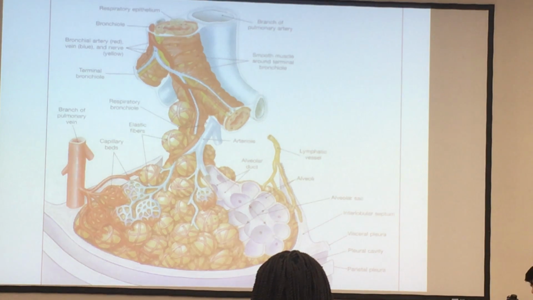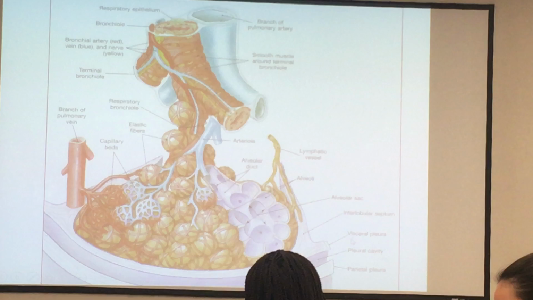All right. If we take a look at the terminal, you can see the lung, we amplify a little bit. Outside is the parietal pleura, and we have the pleural cavity, just above the diaphragm. And then we have the visceral pleura right here. Okay, and then we have a lot of septum.